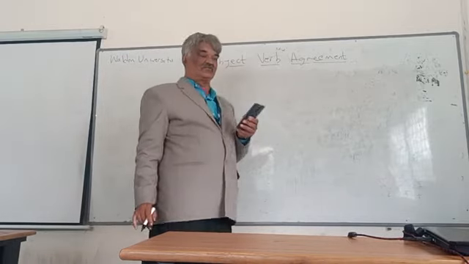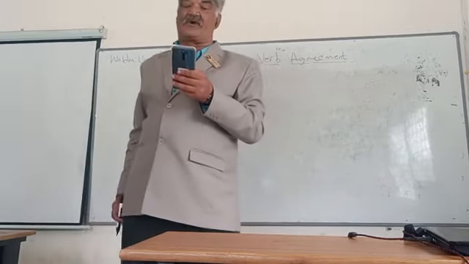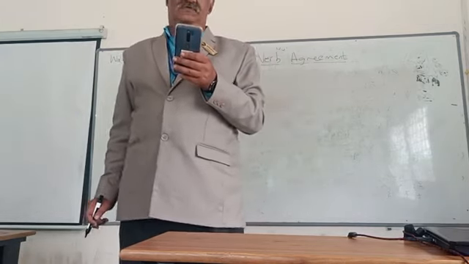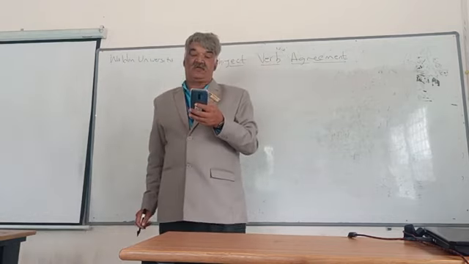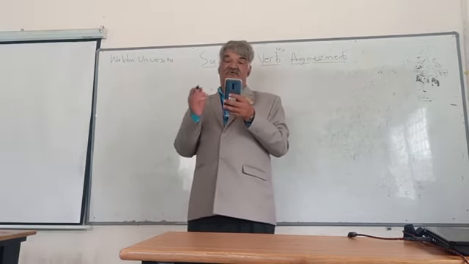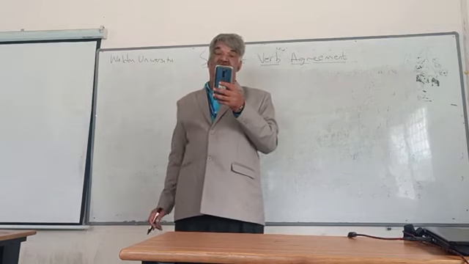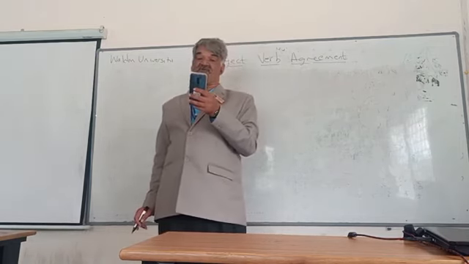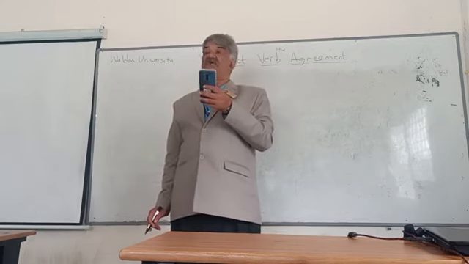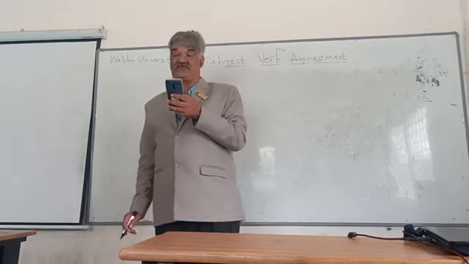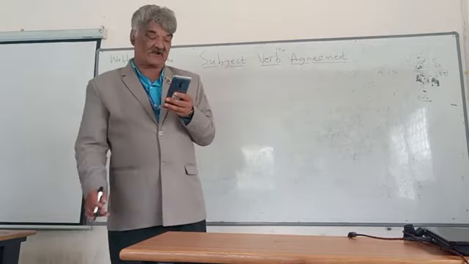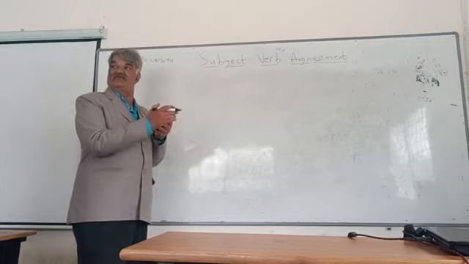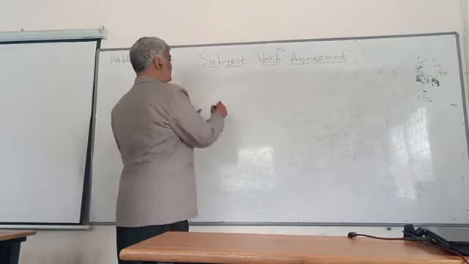Now, the seventh rule: when a compound subject contains both a singular and a plural noun or pronoun joined by or not, the verb should agree with the part of the subject closest to the verb. It is also called the rule of proximity. Now I'll read the rule, I'll write down the example, and then we can understand with the help of the example, right?